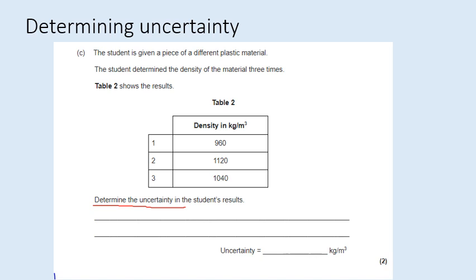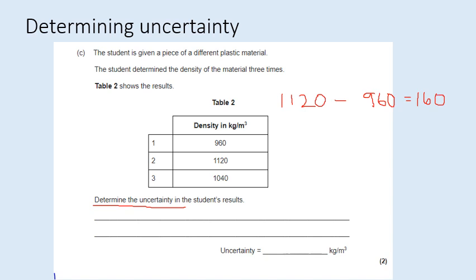So I'm just going to do a worked example here. So first of all, we're going to calculate the range, which will be 1120, which is the biggest value, minus the smallest value, which was 960, and that gives us a range of 160.